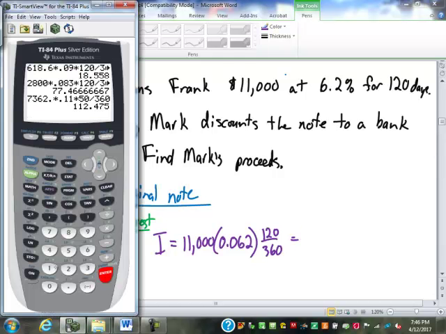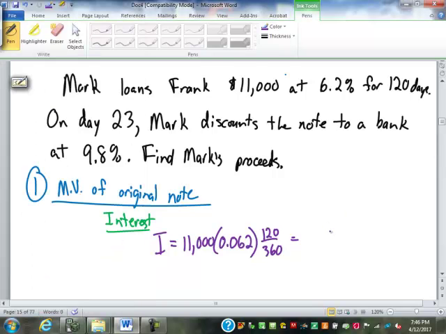Very good. So 11,000 times 0.062 times 120 over 360 is $227.33. Does that look correct for the interest?